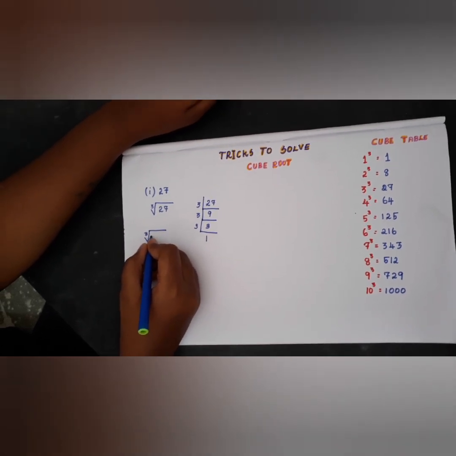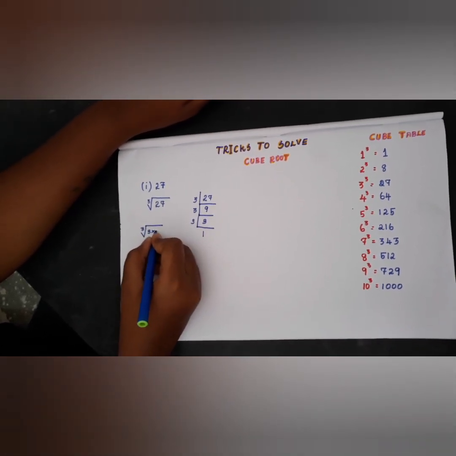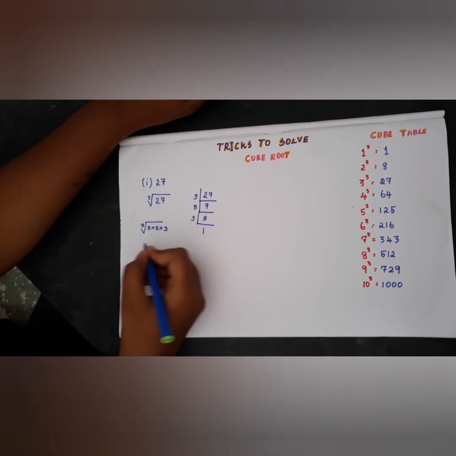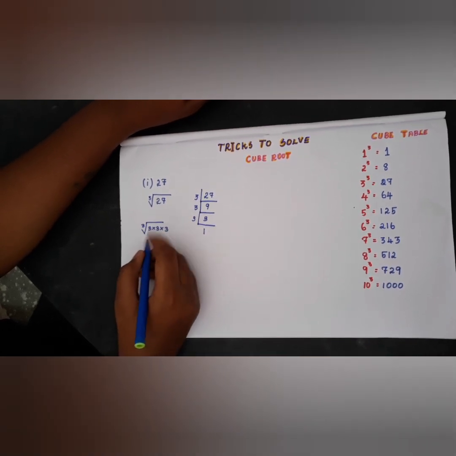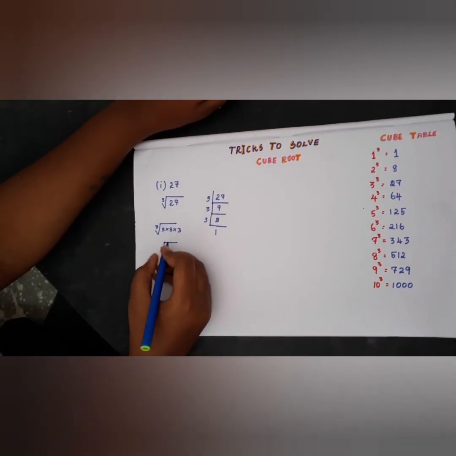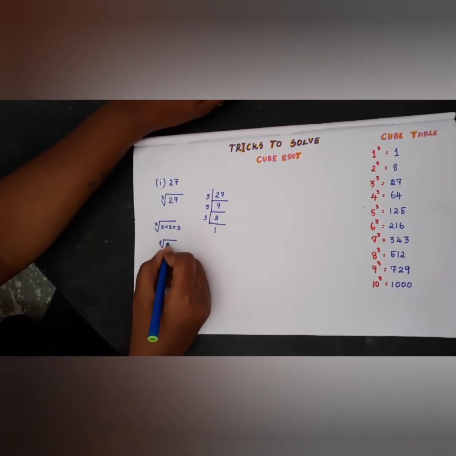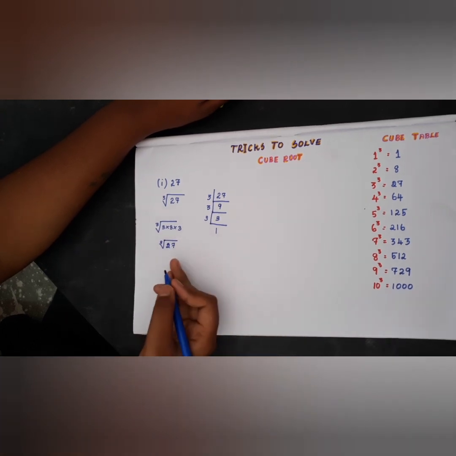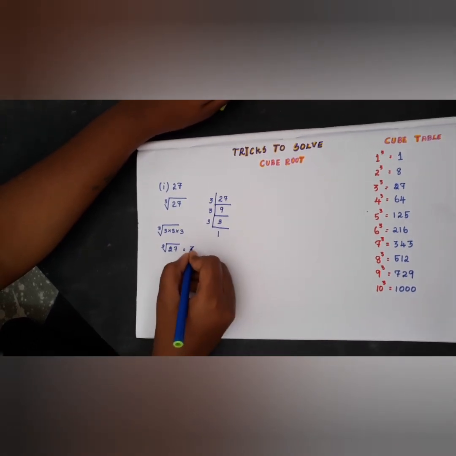For the cube root of 27, there are 3, 3, 3. So we take one 3 from this 3, 3, 3, so the cube root of 27 equals 3.